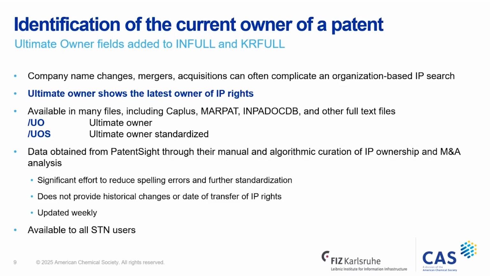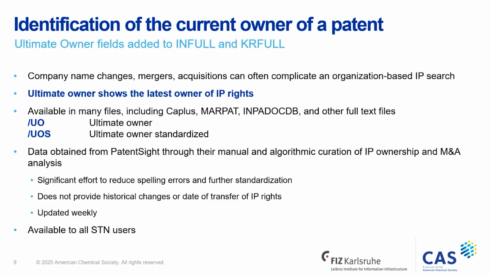We get this data from PatentSite through their manual and algorithmic curation of mergers and acquisitions and IP ownership. However, as we do very often at STN, we have made a pretty significant effort to reduce spelling errors and to provide further standardization of that data. That is something that we are quite experienced at and do regularly.